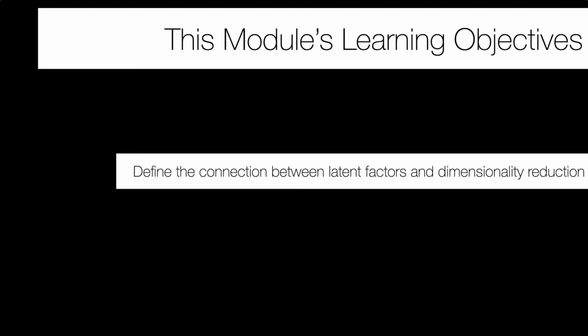So learning objectives for this week, the first one focuses on connecting this idea of dimensionality reduction to this latent factor idea, or the idea that there is latent structure in the data that dimensionality reduction allows us to get at without having to have the very large scale data that is the expression of these latent factors. So for example, in genres for movies, there's this idea of genre actors, where actors don't generally branch out into many different roles or many different genres of film. That's not always true, but you could think of this as a general rule.